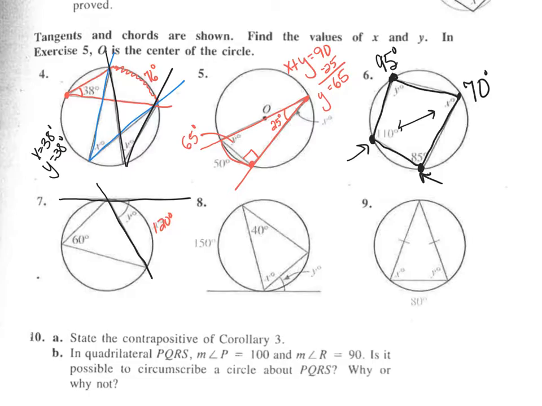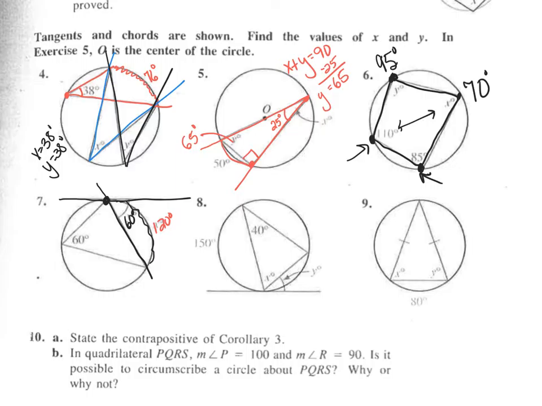So this is that special angle that, since its vertex is on the circle, we treat it like an inscribed angle, though by definition specifically it's not really an inscribed angle. But just like an inscribed angle, we're going to take half of the intercepted arc. So since my arc, my piece of my circle between the two sides of the angle is 120, then Y also has to have a degree measure of 60.